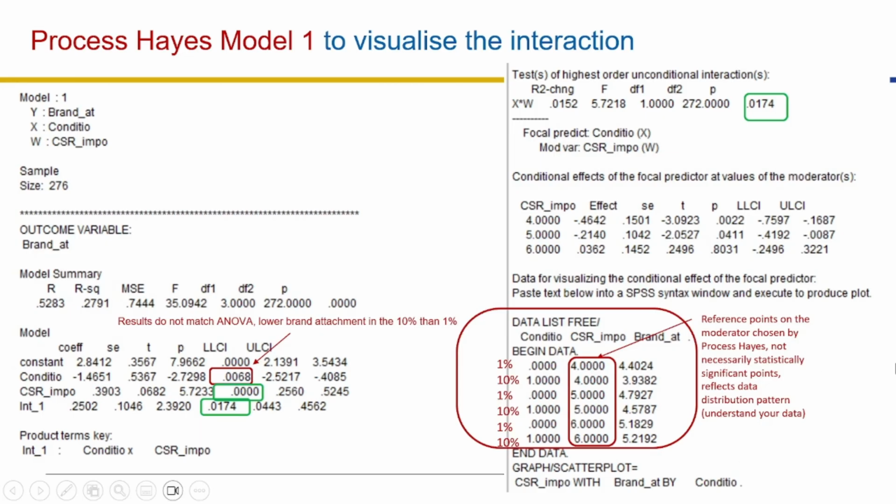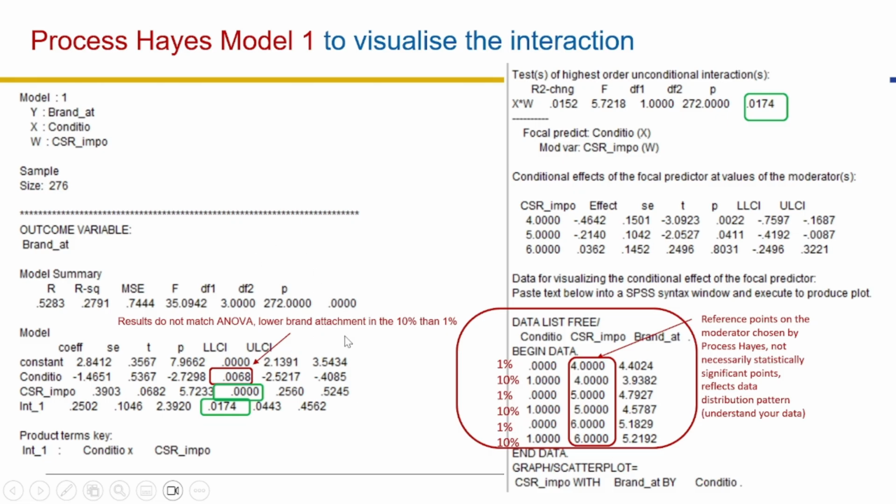One interesting point to keep in mind is that you may have noticed that results of Process Hayes do not match the results of ANOVA. In ANOVA, the effect of the manipulation on its own was not statistically significant. But here in Process Hayes, it became statistically significant. Why is that the case?